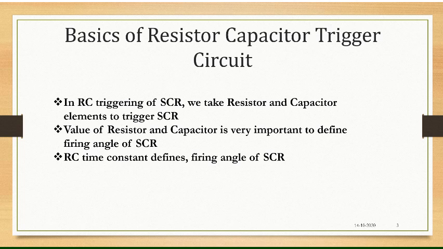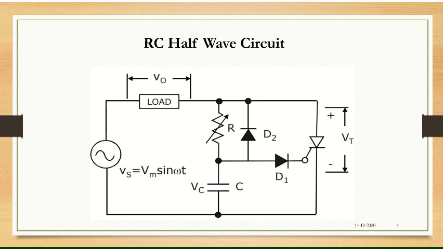The elements used in this triggering circuit will be resistor and capacitor, obviously. So the value of the resistor and capacitor will define the firing angle. That is, the time constant RC will control the firing angle of an SCR. All right, so the circuit of half wave RC circuit is shown here.